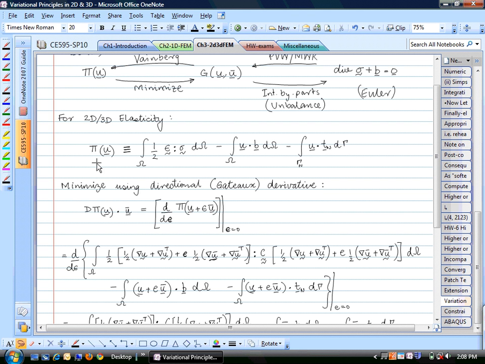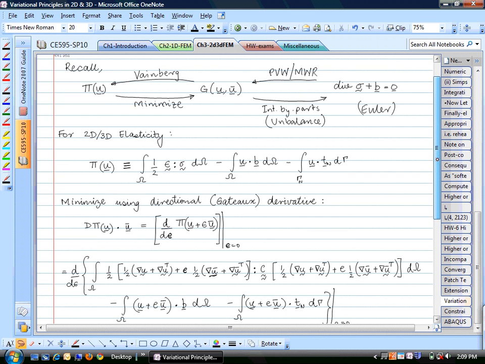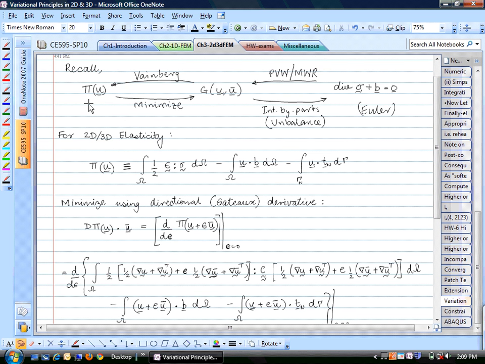That will give you the energy, the potential of the system. And another important thing to note here is that energy is a function only of the real displacement. There is no virtual displacement in the energy functional. But the virtual work functional, it has both. It has the real displacement, it has the virtual displacement.